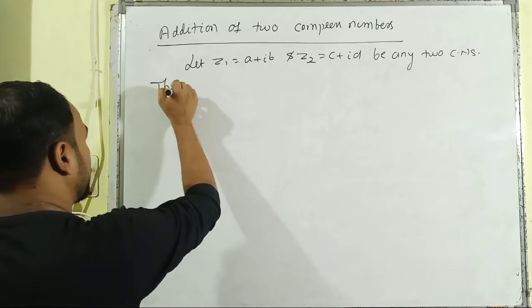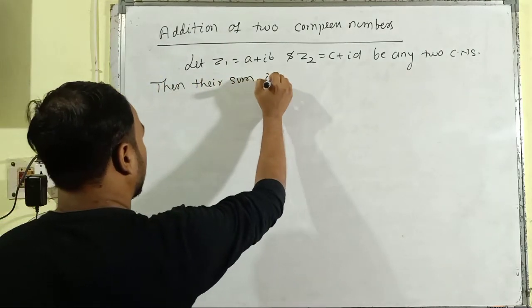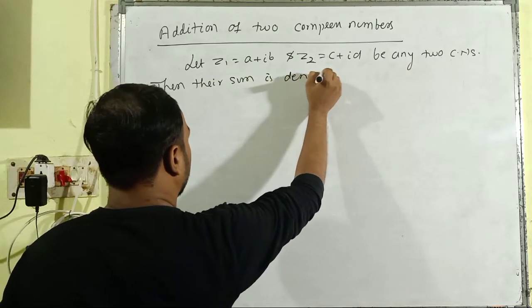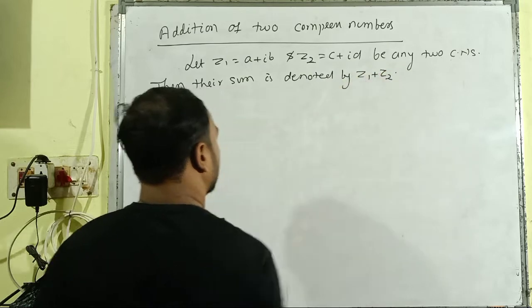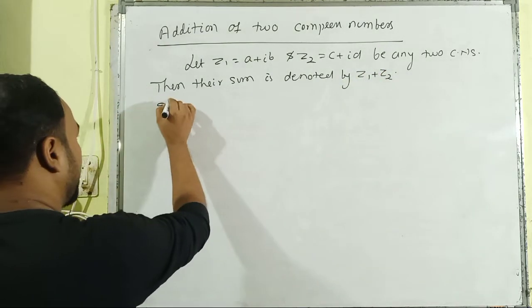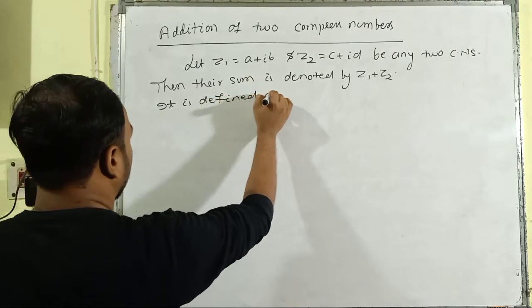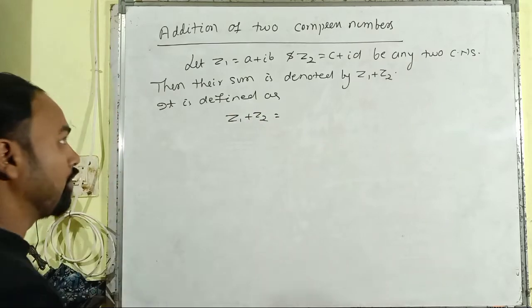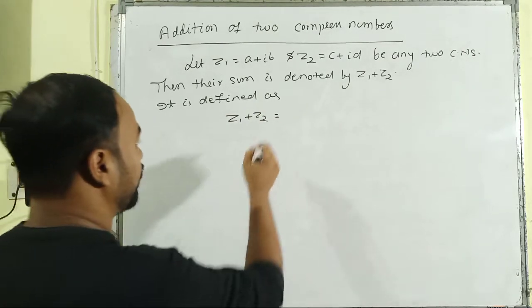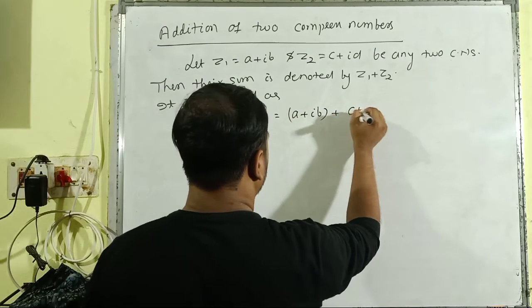Their sum is denoted by Z1 plus Z2. It is defined as Z1 plus Z2, that means we have to add both of the complex numbers, A plus iB and the second one C plus iD.